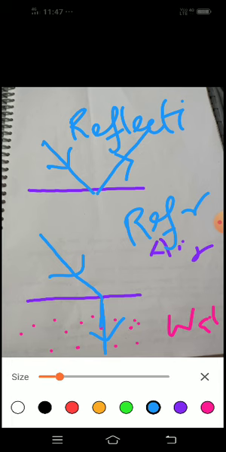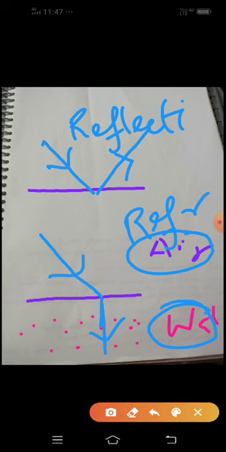The above surface is air and the below surface is water, whereas in reflection it is the same medium. So refraction is the change in the direction of light. In both cases there is a change in direction of light, whereas in refraction, the direction changes across two different media. This is what you term refraction.